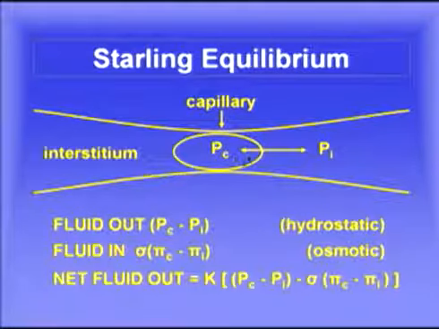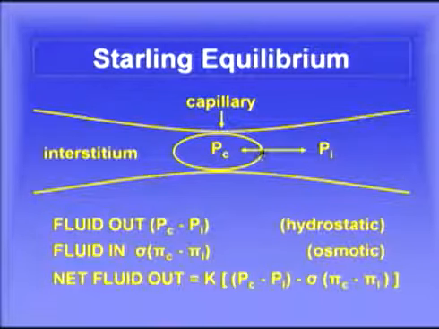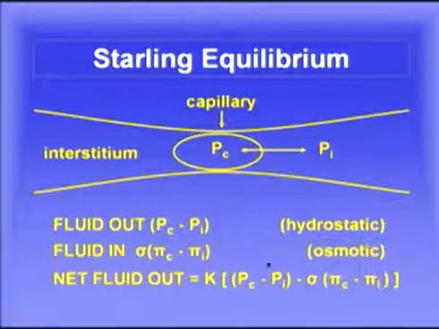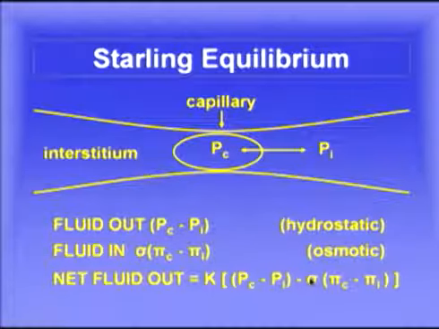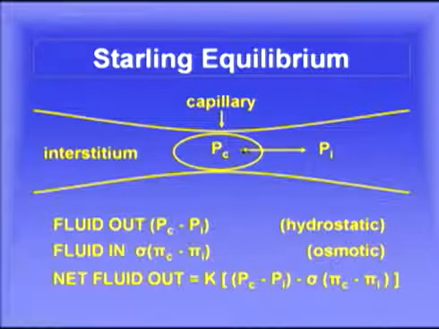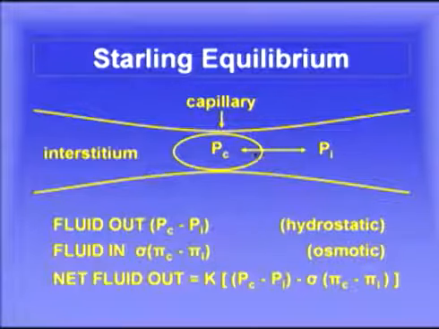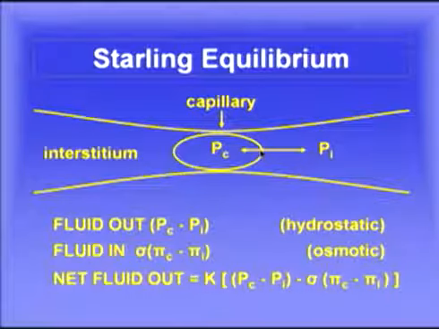Now it turns out that, as I said, the endothelium is partly permeable to albumin, and that's why we have to include this sigma factor here. Sigma is called the reflection coefficient. It's a measure of the ability of the capillary endothelium to prevent the passage, or reflect, the albumin molecules as they bump against the interior of the capillary wall here.